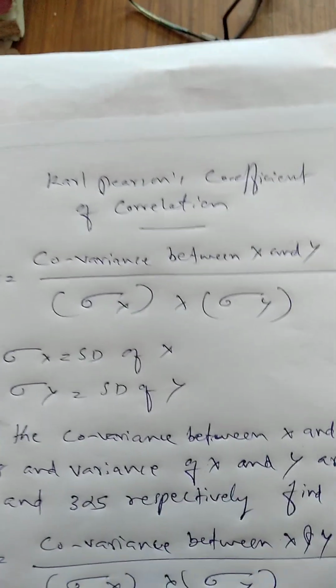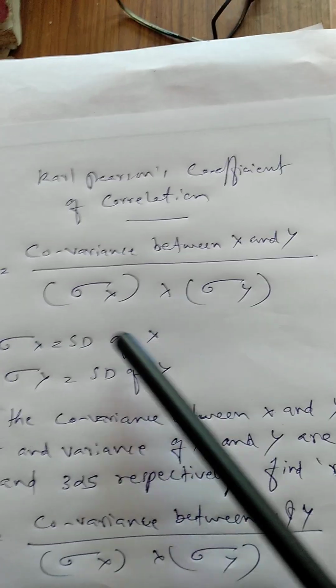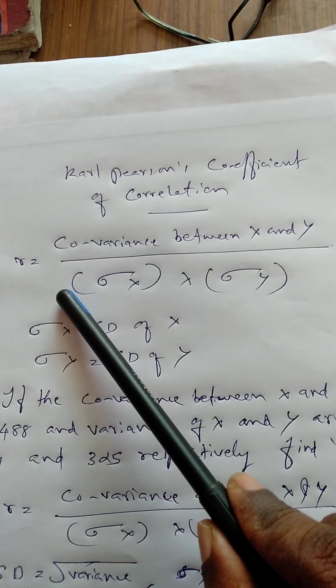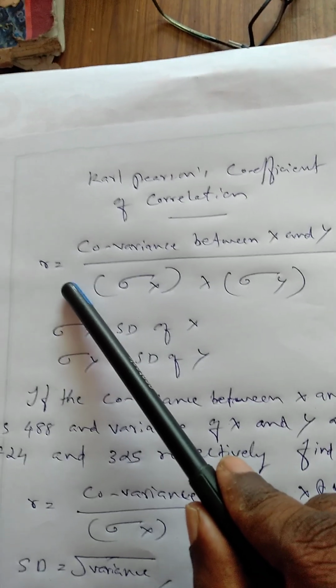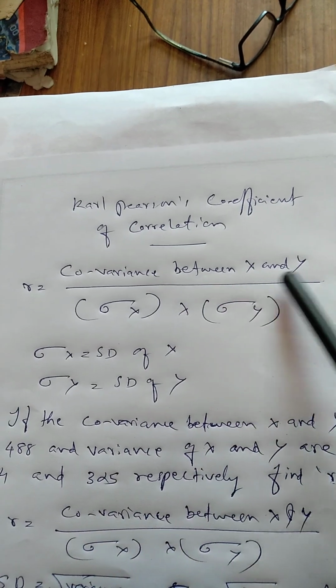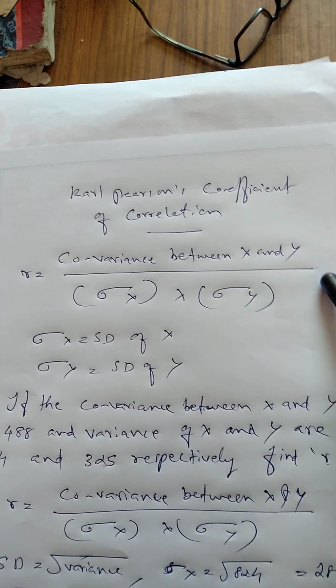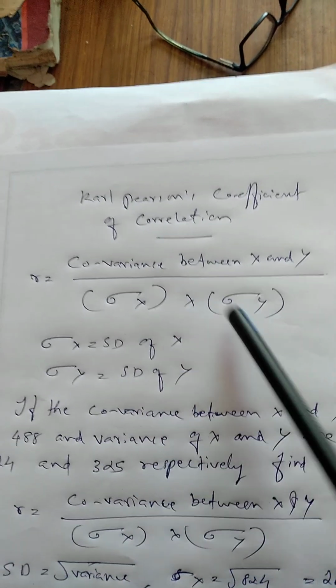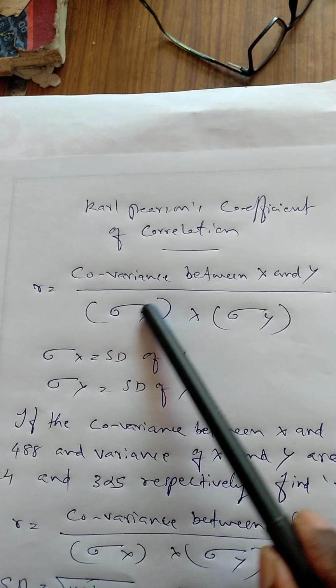In such a case, we have to use another formula which is here. This is also to find out Karl Pearson's coefficient of correlation. R is equal to covariance between x and y whole divided by sigma x into sigma y. This symbol of sigma means standard deviation.